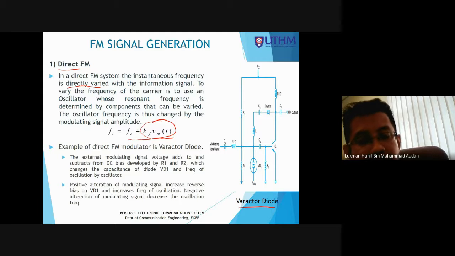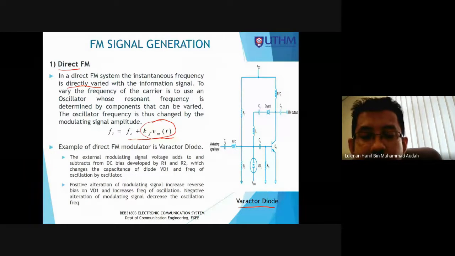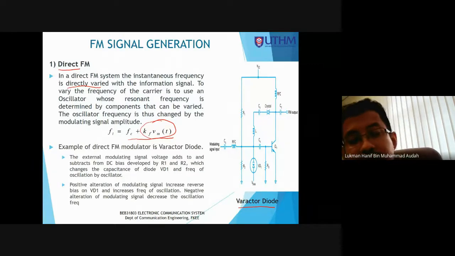Okay, antara direct FM modulator yang paling simple adalah varactor diode. Okay, sebenarnya ada banyak lagi design direct FM modulator circuit. Okay, di luar sana dalam practical world, there are many design of direct FM modulator. One of it is the varactor diode. Okay, ada banyak sebelum ni ada macam-macam so kami dah buang, tinggal satu saja dalam nota.